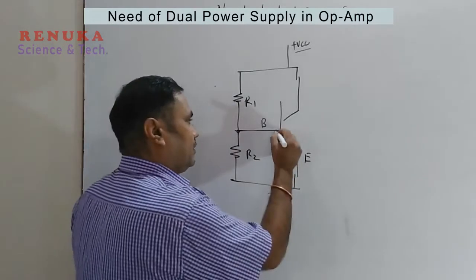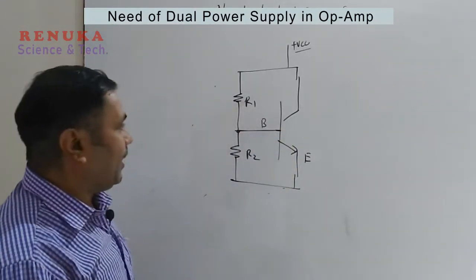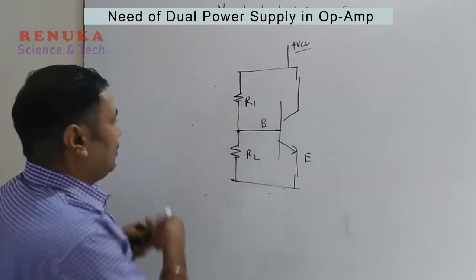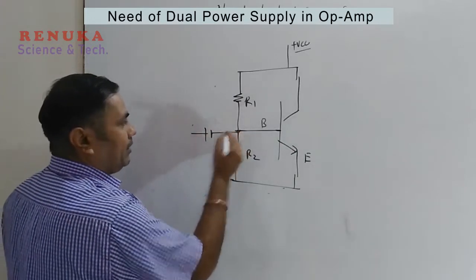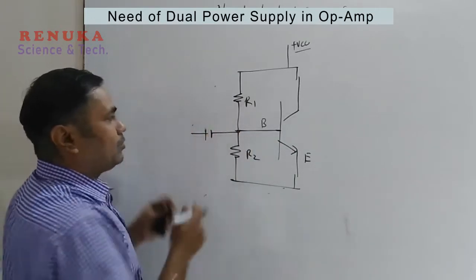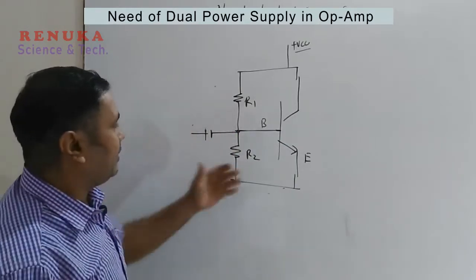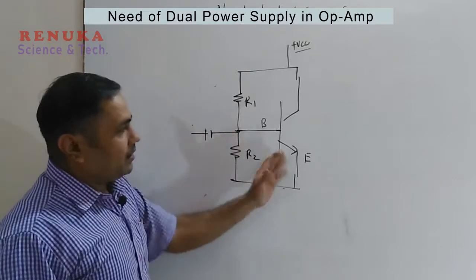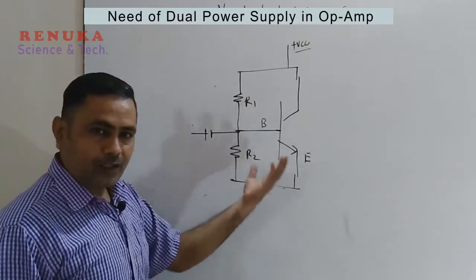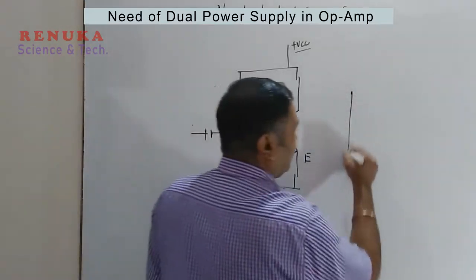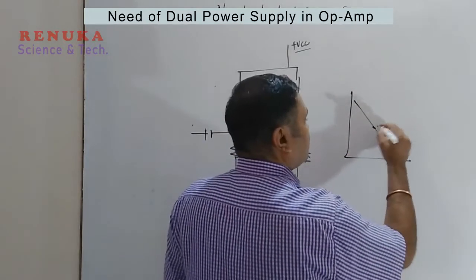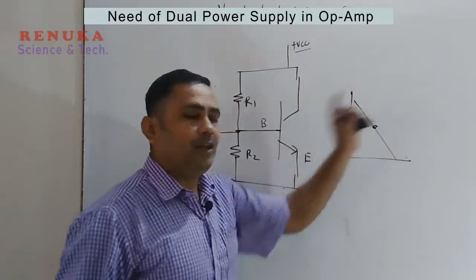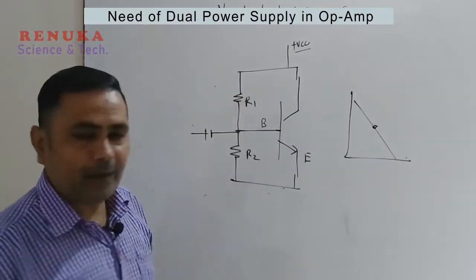But in an amplifier, the inputs are connected at the base using coupling capacitors. So when input signals are connected, the capacitor blocks the DC, and that is why the biasing condition of this transistor does not change, and the operating point of this normal amplifier remains fixed because of this type of biasing.